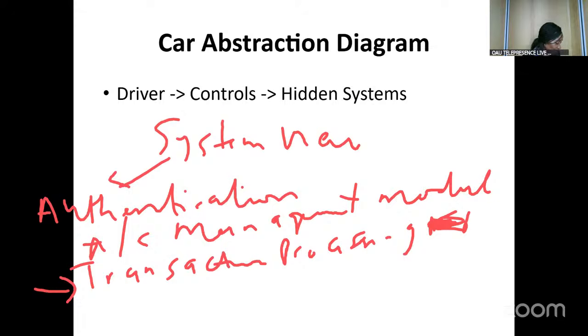Transaction processing module. Then you have cash dispensing module. Once you are done with the movement on the screen, withdrawing the cash, you are waiting for your cash. There's a particular section of the ATM where you see your cash coming out. So that one has to do with the cash dispensing module.